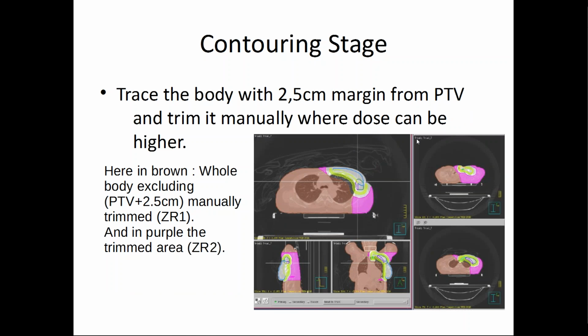And then to control the low dose region, I use the whole body that I trimmed with a margin of 2.5 centimeters, and manually I trimmed this area to put another constraint on it. These two areas will be used for the optimization.